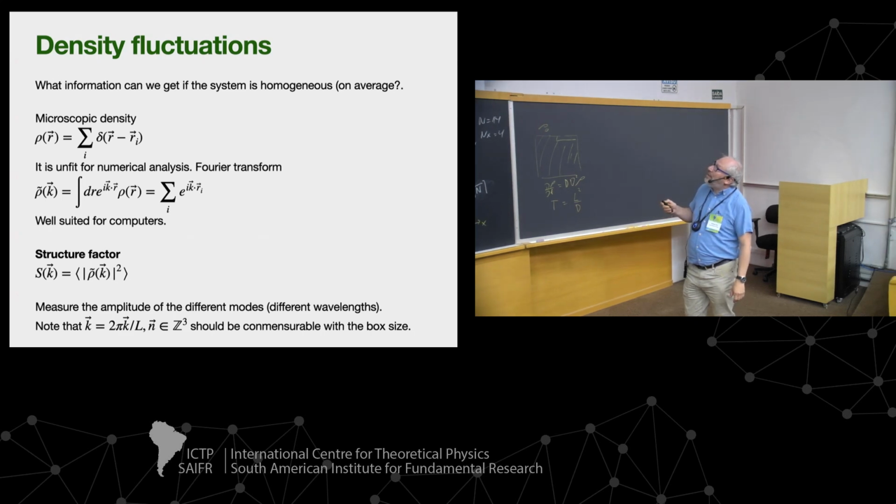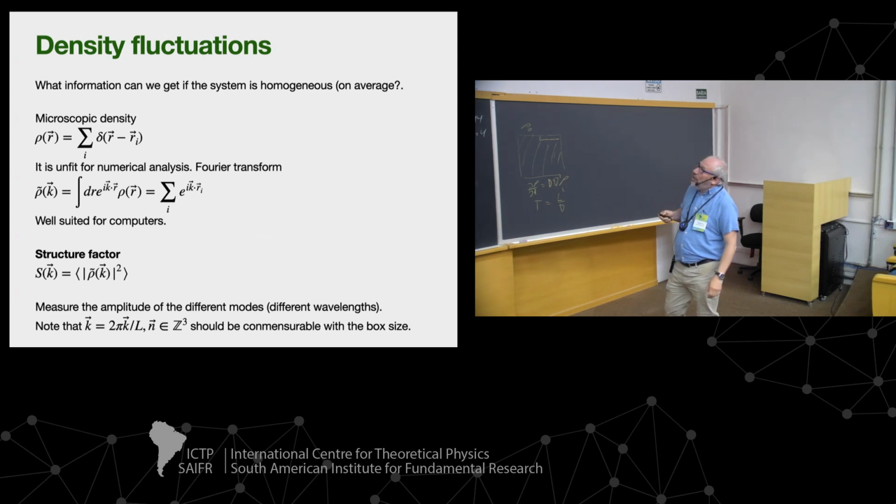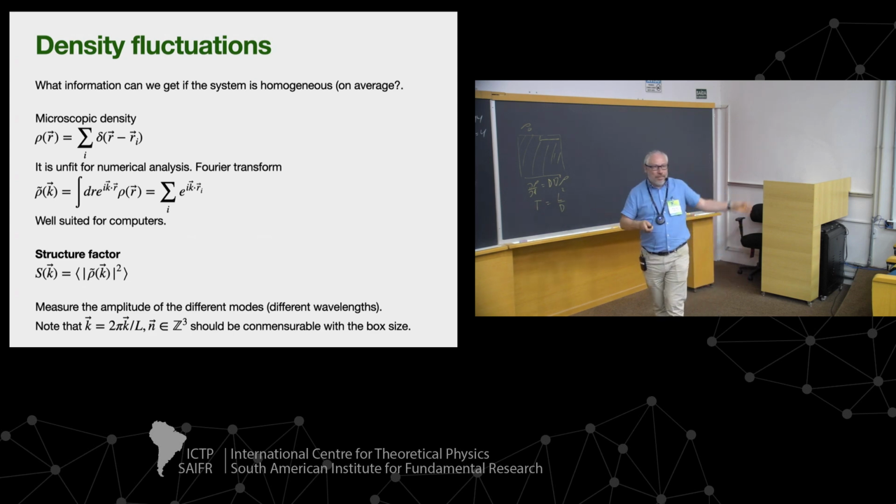It's a close of the parenthesis, my mistake. So what information can you get if the system is homogeneous on average? I was discussing just before the microscopic density. This is the microscopic density. You want to see how it fluctuates.